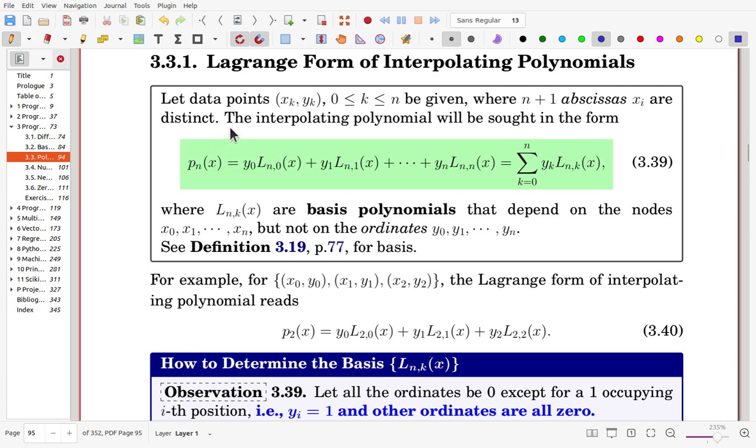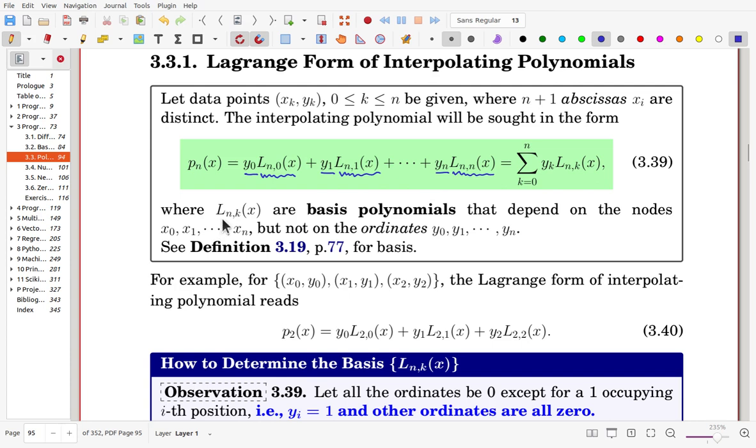Then the interpolating polynomial will be sought in the form here. These are y values, y0, y1 up to yn. y0 is multiplied with ln0, y1 with ln1, and so on. Here, yn is with lnn. So this is the sigma notation. We'll try to find the interpolating polynomial in this form.